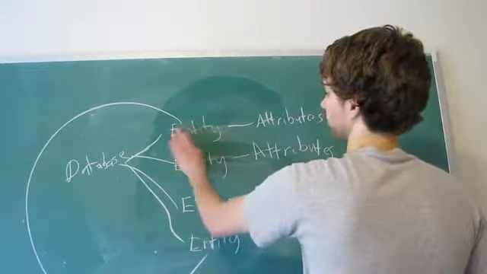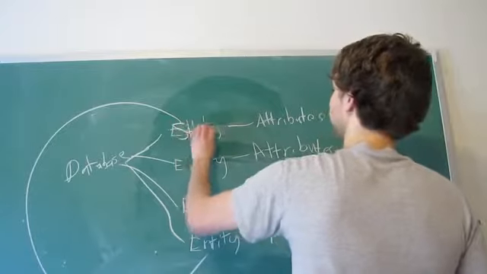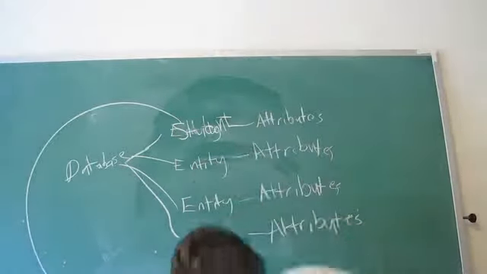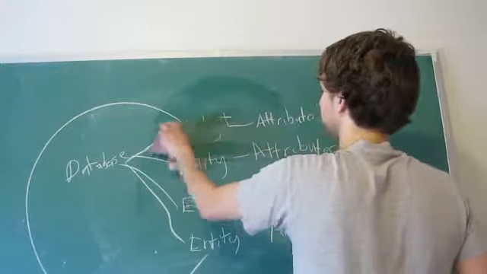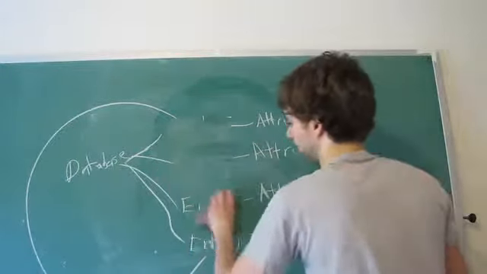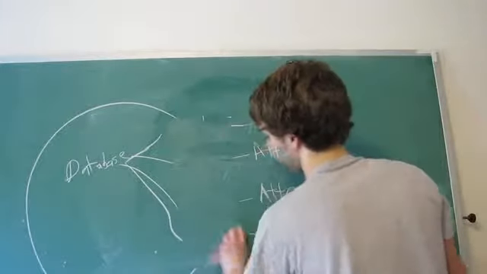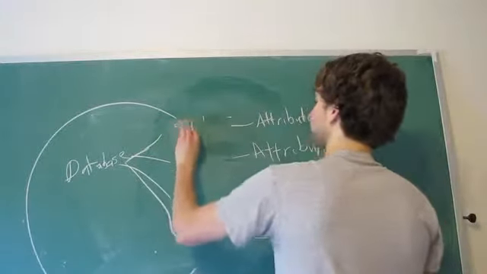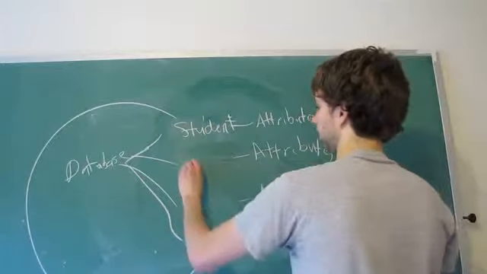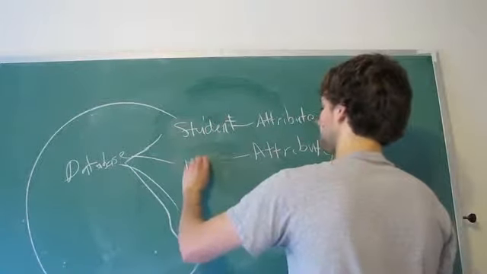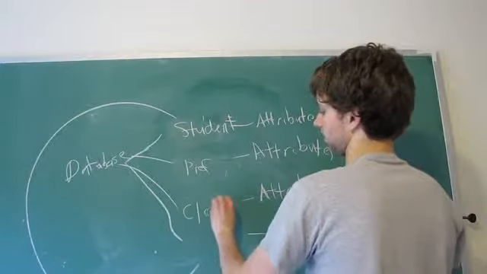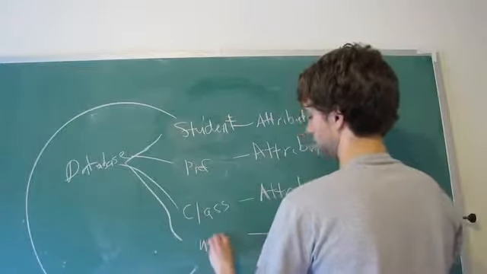So let's put some specific examples in here. We could have a student, we could have a professor, I'm just going to put prof, and then we can have class, and then we can have major.